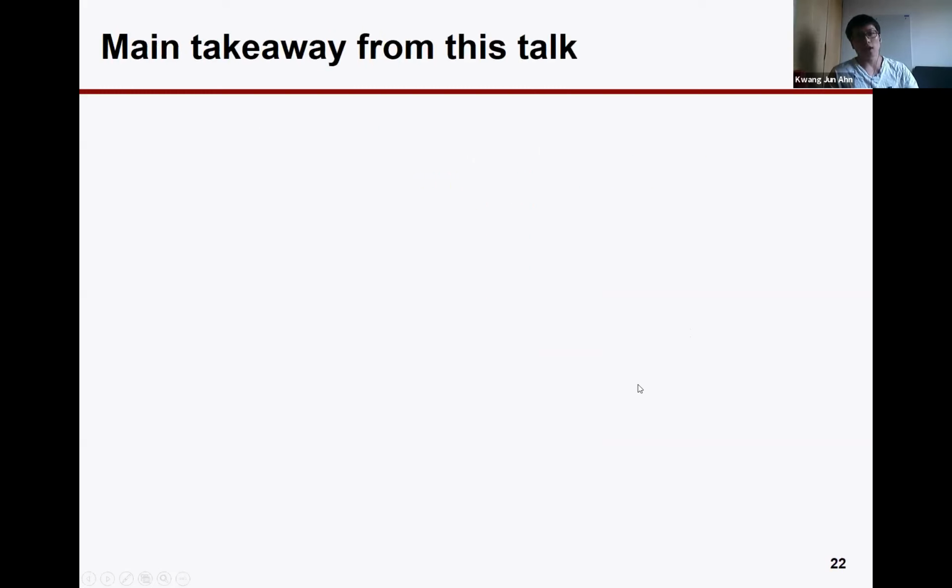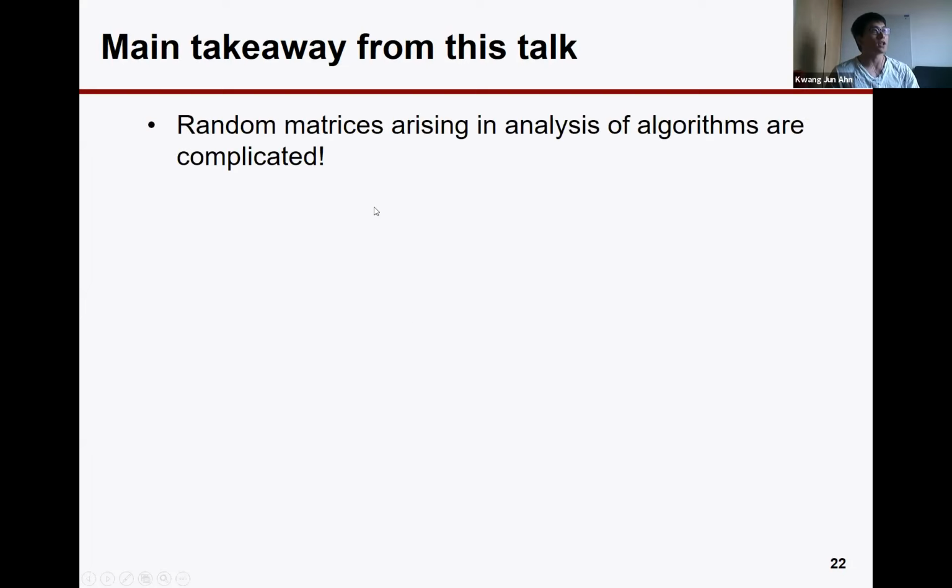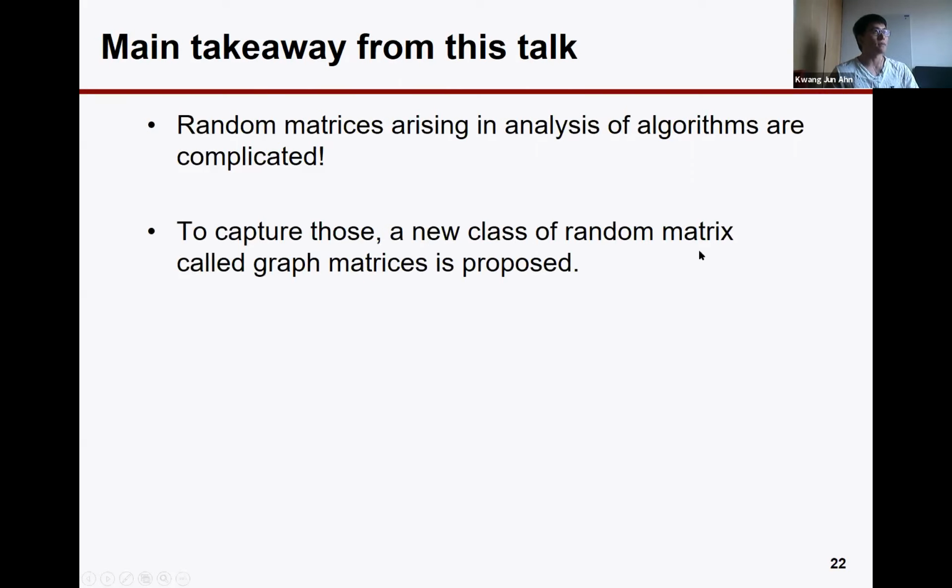Okay, so let me conclude this talk with some remarks. In this talk, I introduced a new class of random matrices called graph matrices to capture all these complicated random matrices arising in the analysis of algorithms and in the literature.